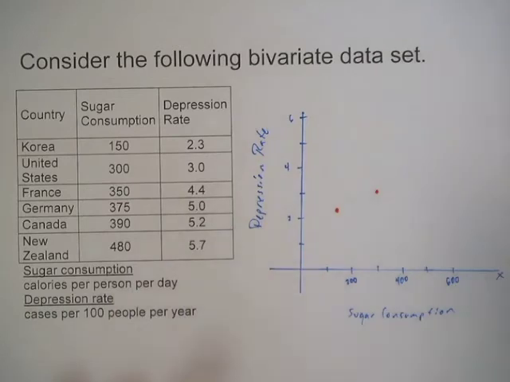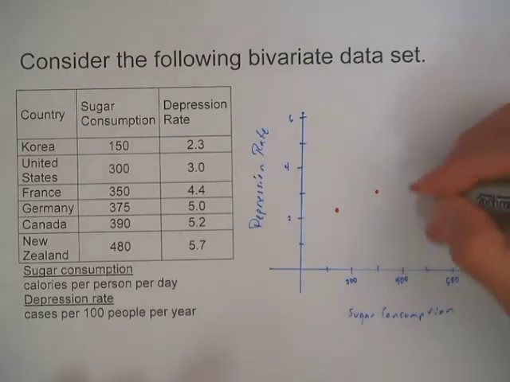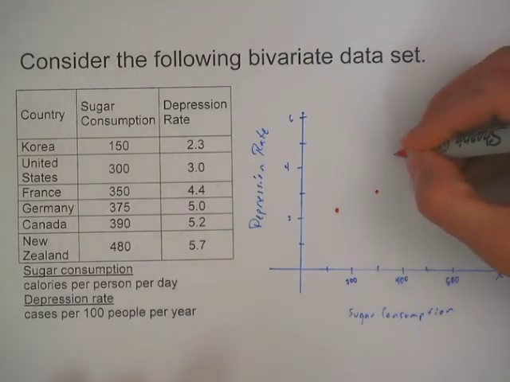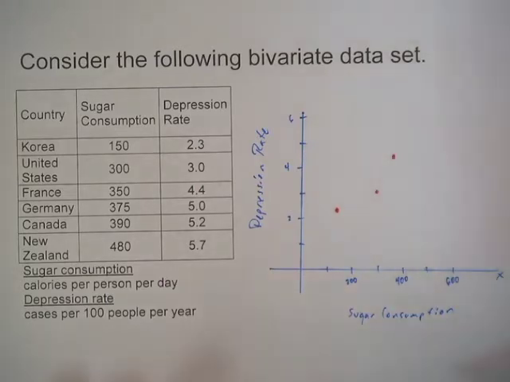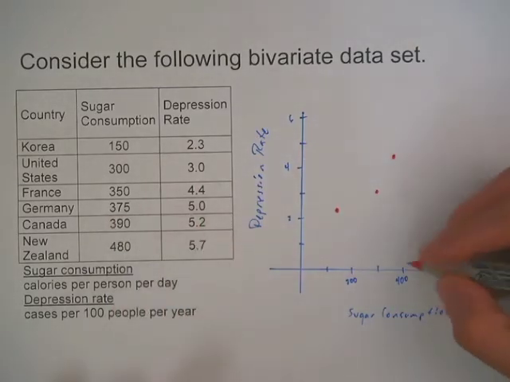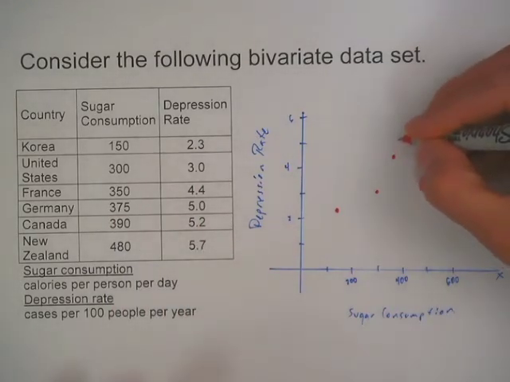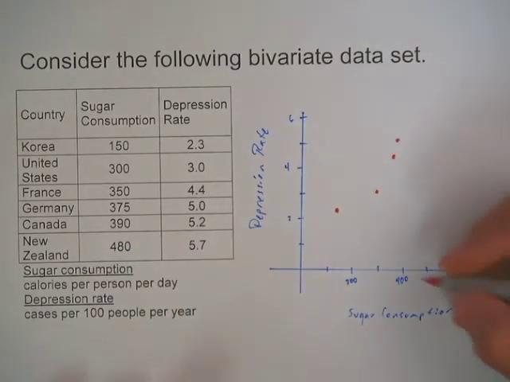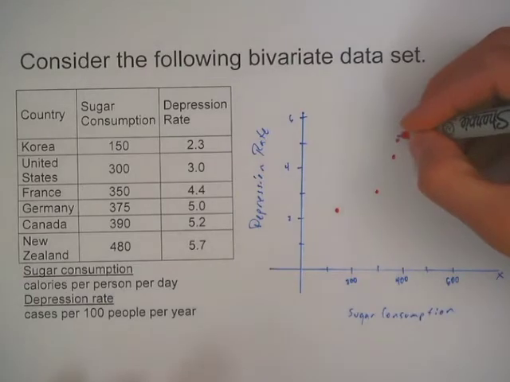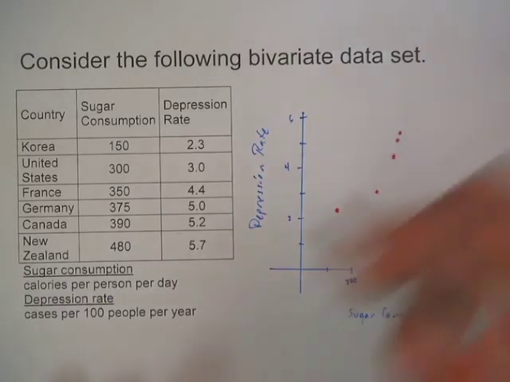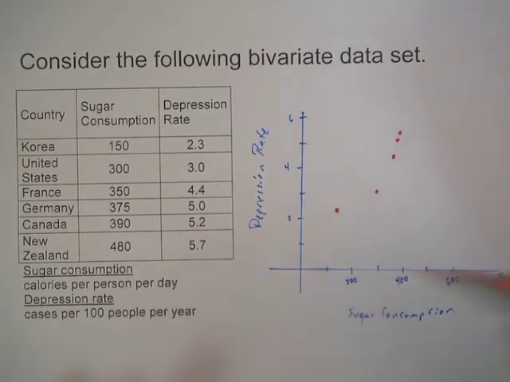350 and 4.4 is going to be about here. 375 and 5.0, that's going to be about here. 390 and 5.2, that's really close. It's going to be about here. And New Zealand, 480 and 5.7.